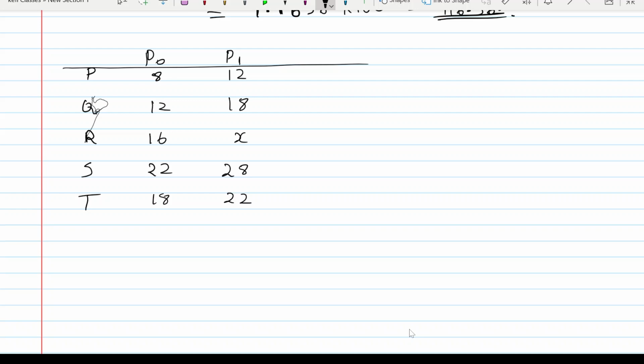You have to find the value of x if the price index number is given to be 125. They've given you this value. You're supposed to find the value of x.